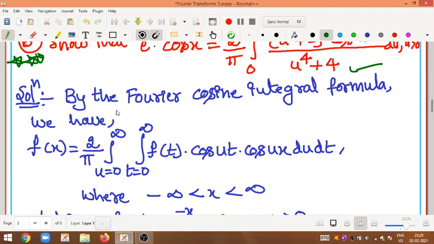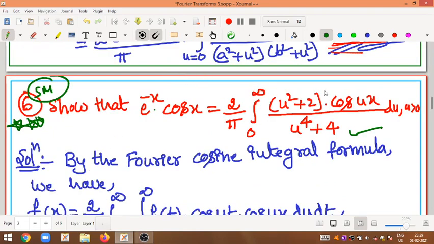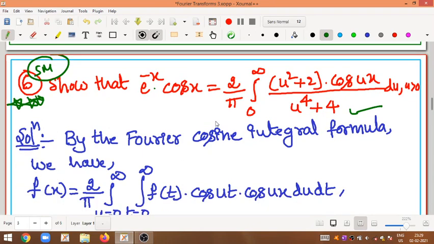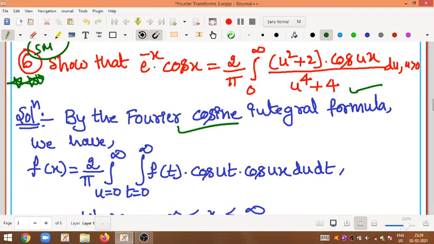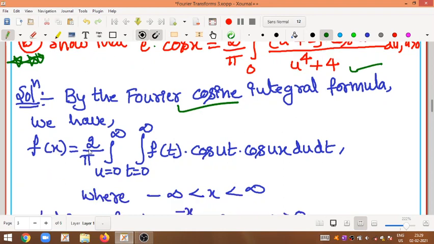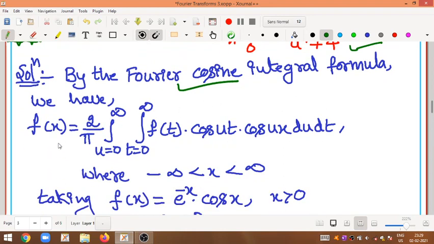We want to show this. Here cos functions are involved, so we want to use the Fourier cosine integral formula. That is the Fourier cosine integral formula: f of x is equal to 2 by pi into integral u from 0 to infinity, integral t from 0 to infinity, f of t into cos ut into cos ux into du into dt.